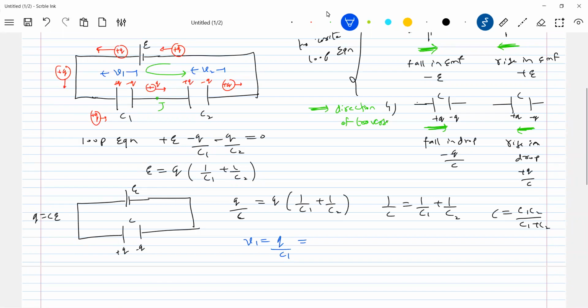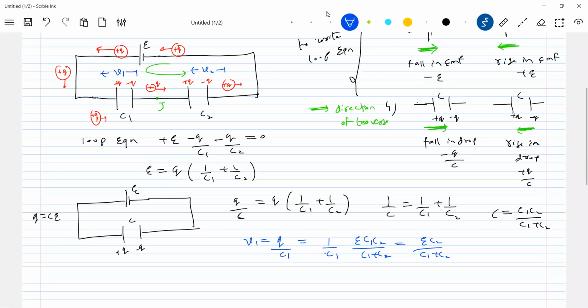What is the value of Q from this equation? This should be E C1 C2 by C1 plus C2. So this is equal to E C2 by C1 plus C2.